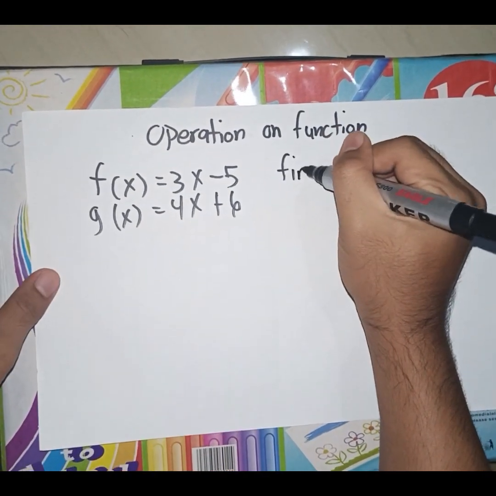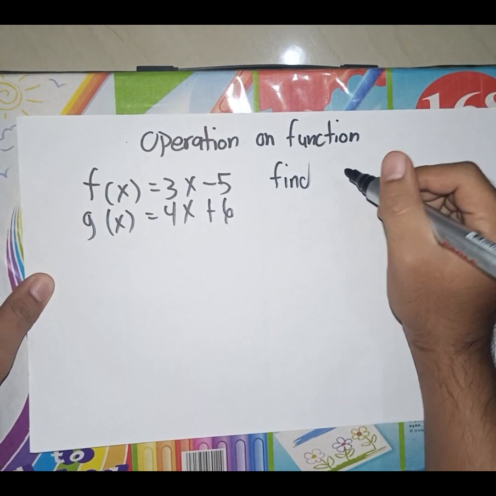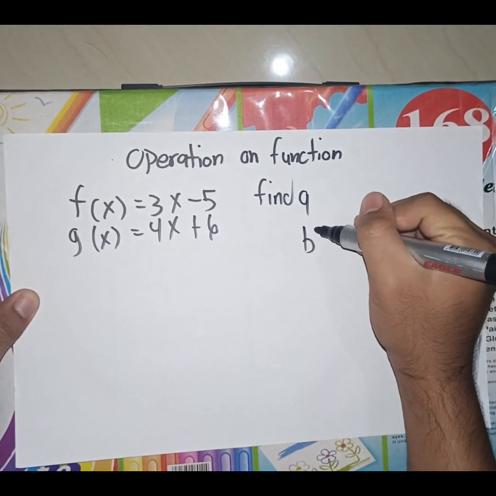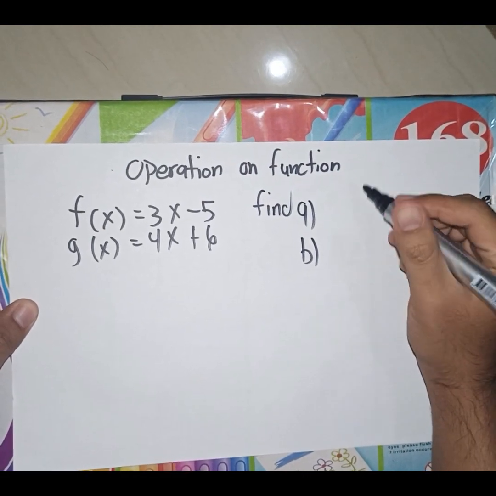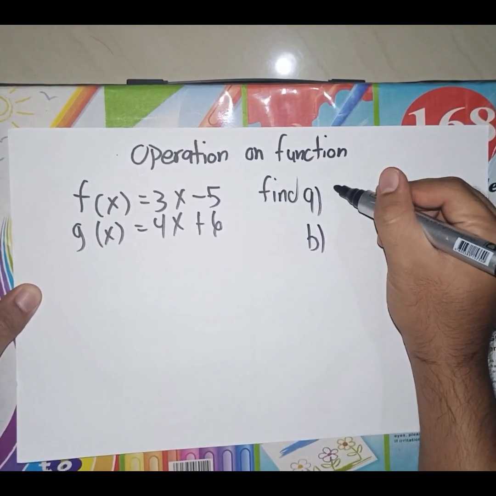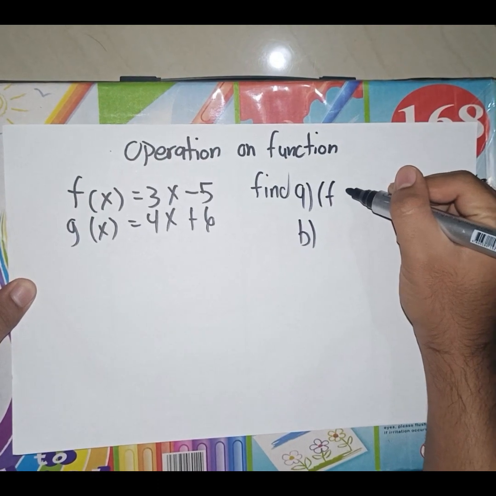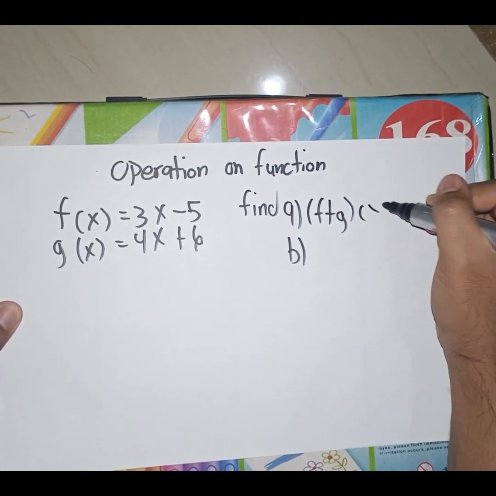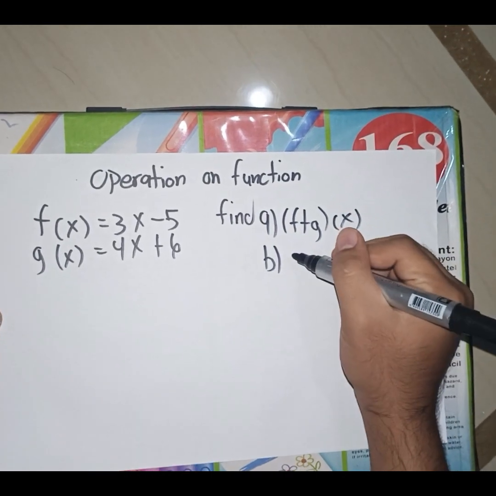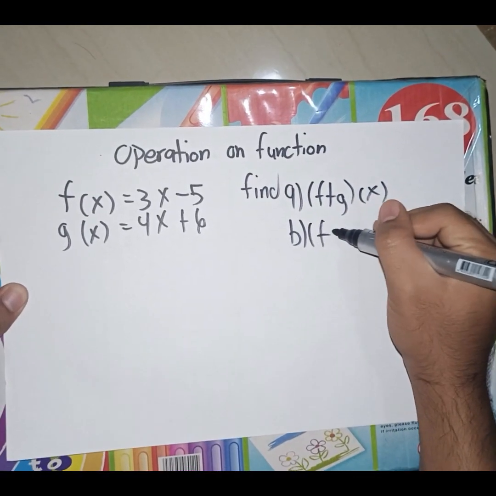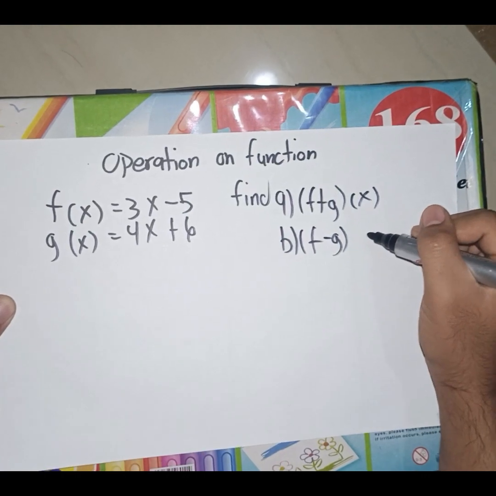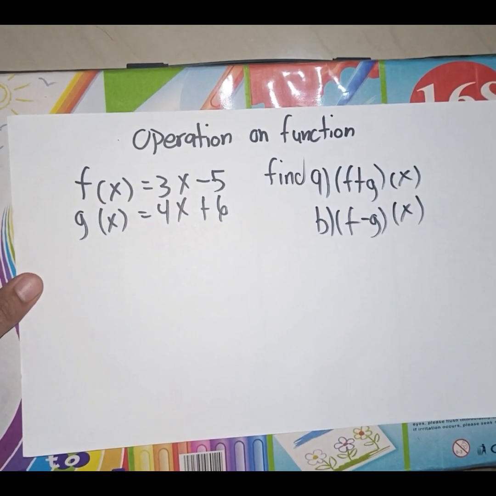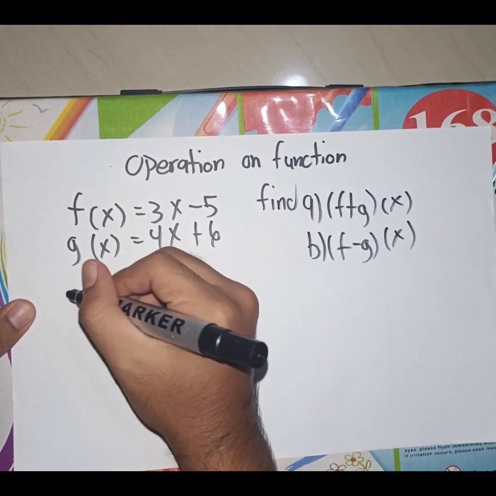Now find letter a, quantity f plus g of x, and letter b, quantity f minus g of x. We need to find a and b.